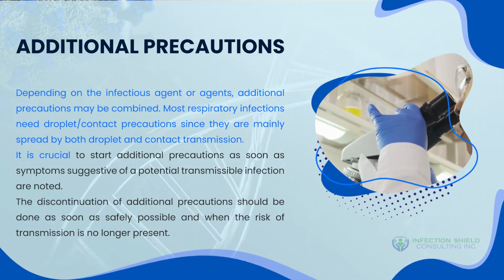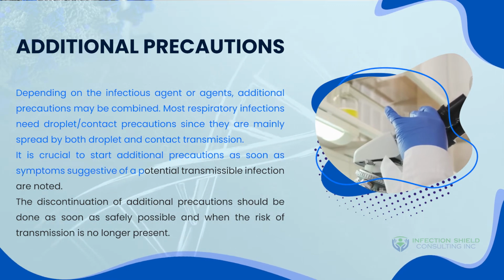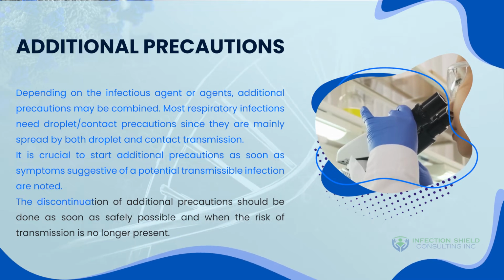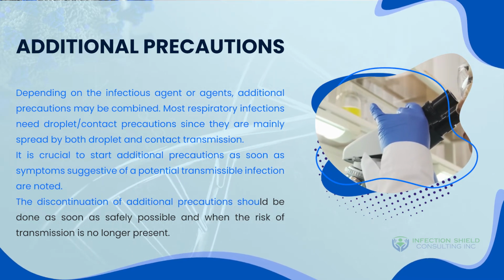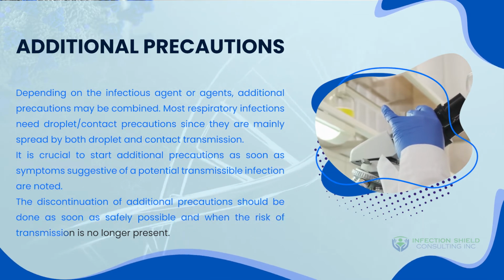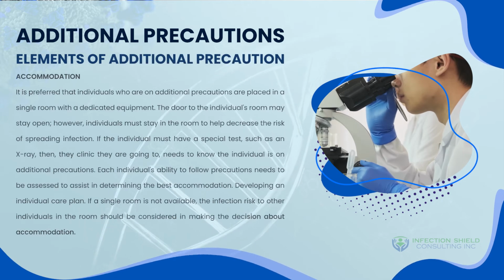It is crucial to start additional precautions as soon as symptoms suggestive of a potential transmissible infection are noted. The discontinuation of additional precautions should be done as soon as safely possible and when the risk of transmission is no longer present.